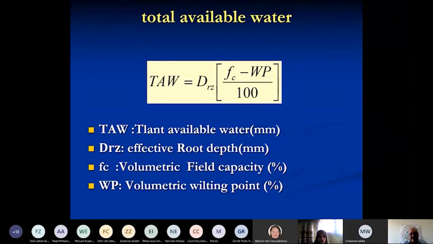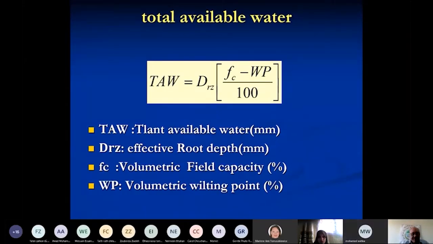So total available water in soil is the maximum water that could be retained in soil, and is the soil moisture between wilting point and field capacity times the effective root depth. So of course, in order to know the total available water, we need to measure the field capacity and wilting point, and very important, we need to know the effective root depth.